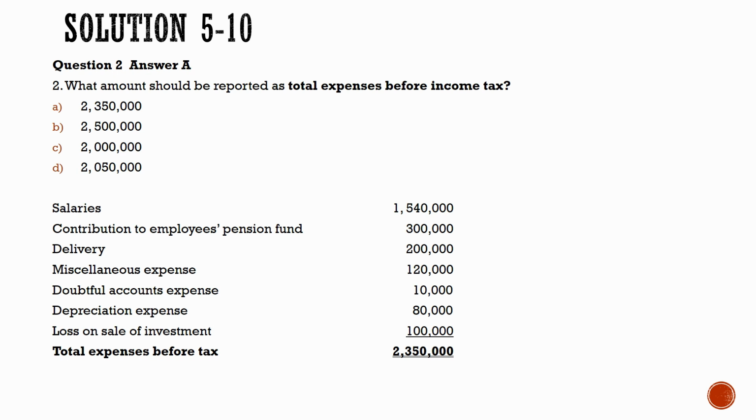So, una na rito yung salaries amounting to 1,540,000, contribution to Employees Pension Fund na 300,000, delivery amounting to 200,000, miscellaneous expense na 120,000, doubtful accounts expense na 10,000, depreciation expense na 80,000, and loss on sale of investment amounting to 100,000. So, yun na lahat yung mga expenses before income tax. At kapag pinag-add natin lahat, the total expenses for before income tax is 2,350,000, letter A.